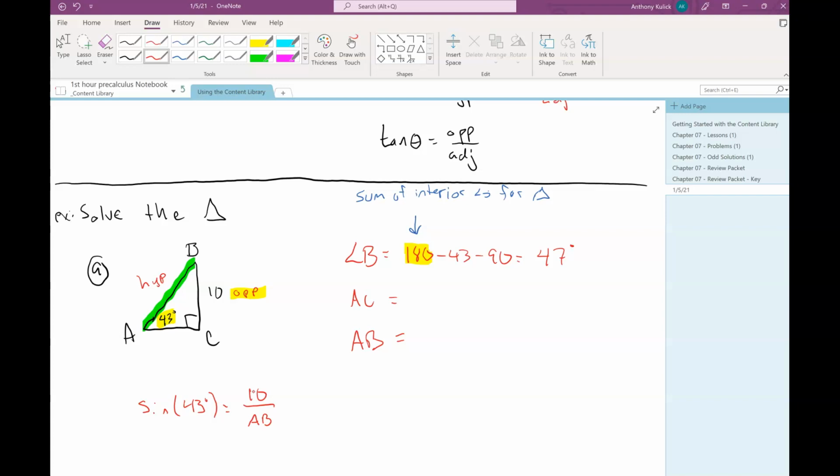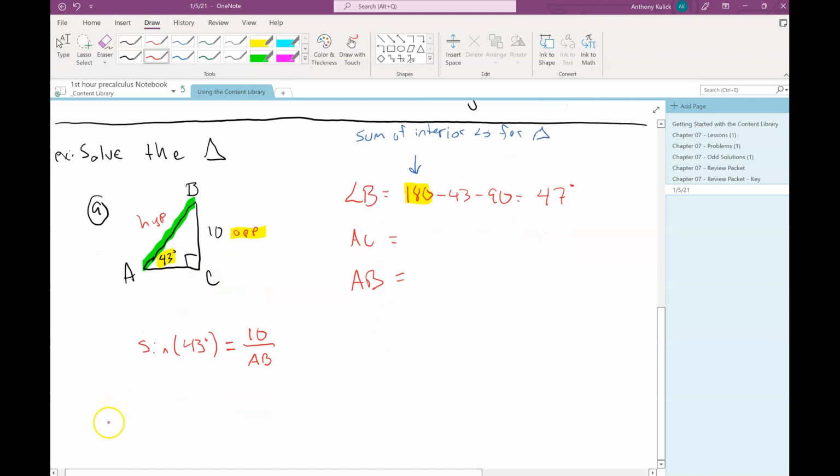Now to solve for AB, notice that AB is in the denominator of the fraction. So the first thing I'd want to do is get that out of the denominator. How would I do that? Absolutely. I multiply both sides by AB.